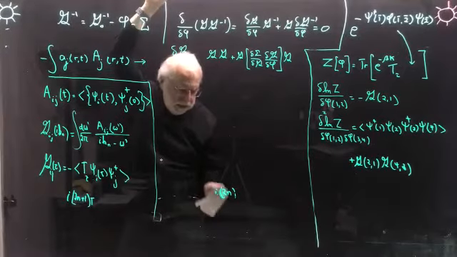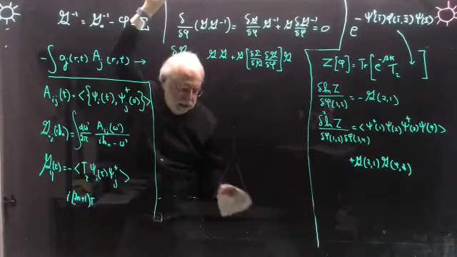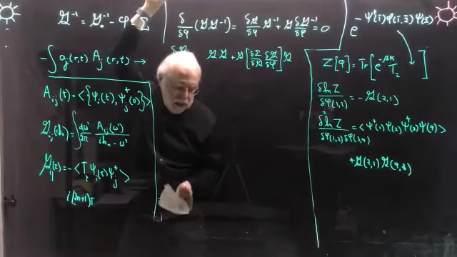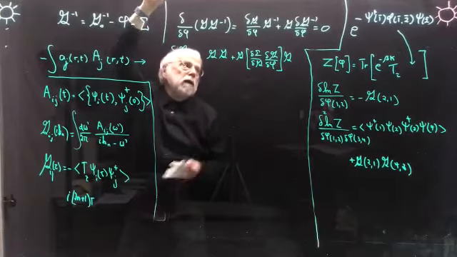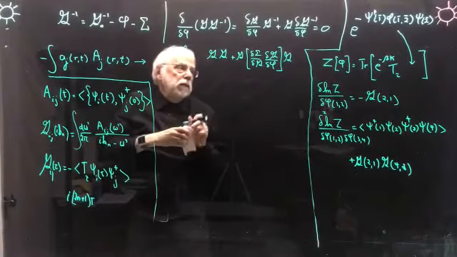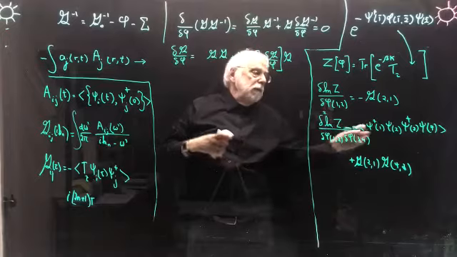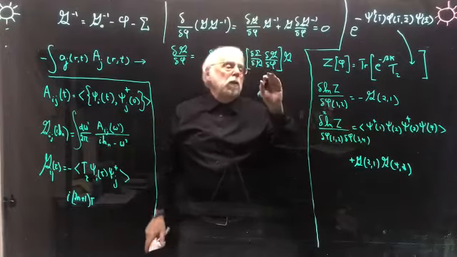So if I do this, I have an expression for sigma in terms of G because sigma was related to this 4-point function.